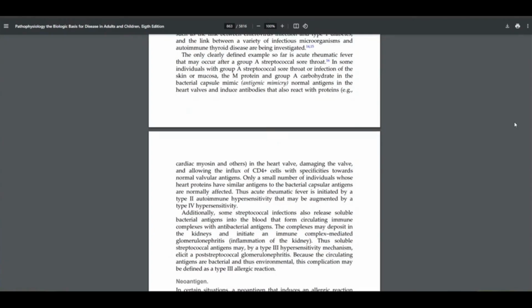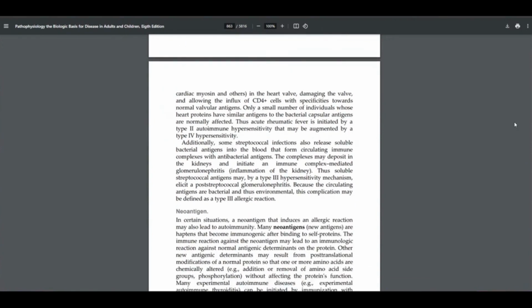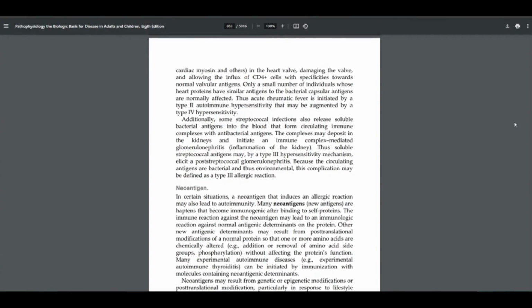The only clearly defined example so far is acute rheumatic fever that may occur after a group A streptococcal sore throat. In some individuals with group A streptococcal sore throat or infection of the skin or mucosa, the M protein and group A carbohydrate in the bacterial capsule mimic normal antigens in the heart valves and induce antibodies that also react with proteins in the heart valve, damaging the valve and allowing the influx of CD4 cells with specificities towards normal valvular antigens.